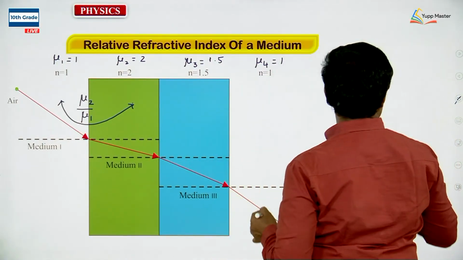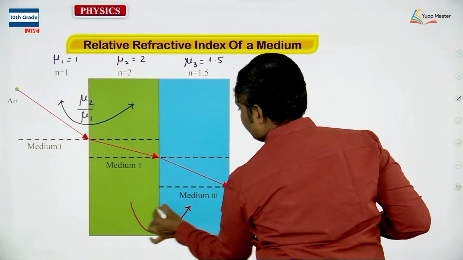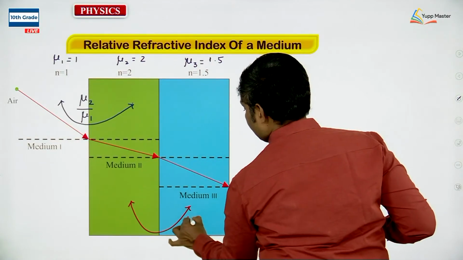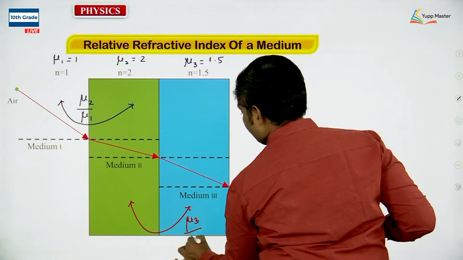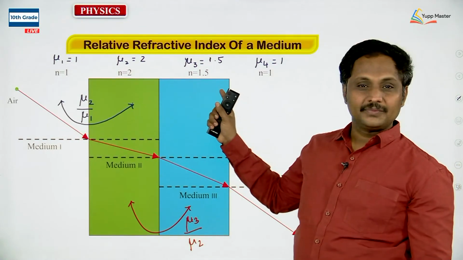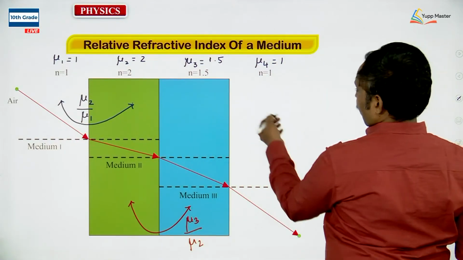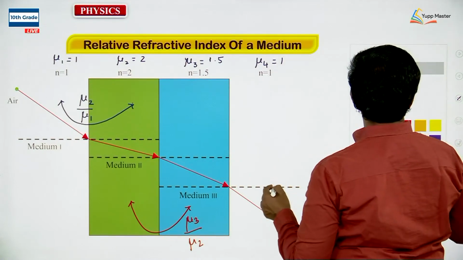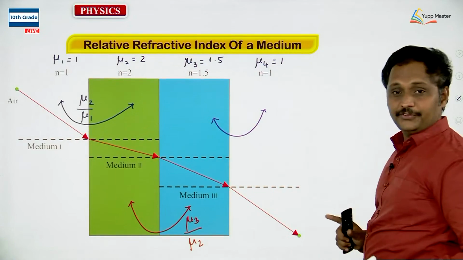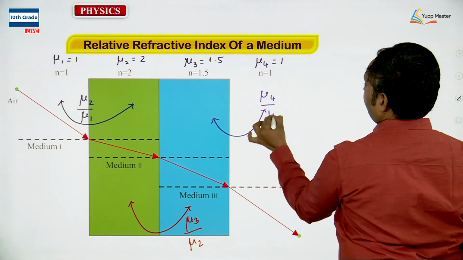In case of these two, you will take mu3 by mu2, the relative refractive index, that is expressed. And this one is also an air medium. You will take that, this is also expressed as mu4 by mu3.